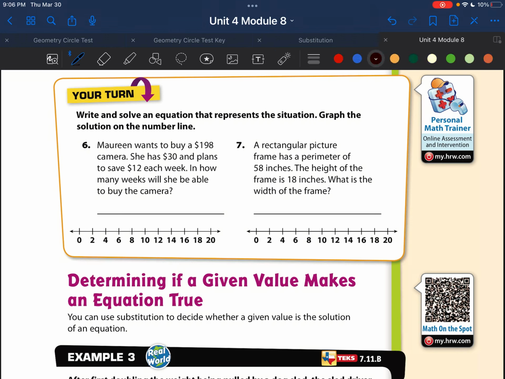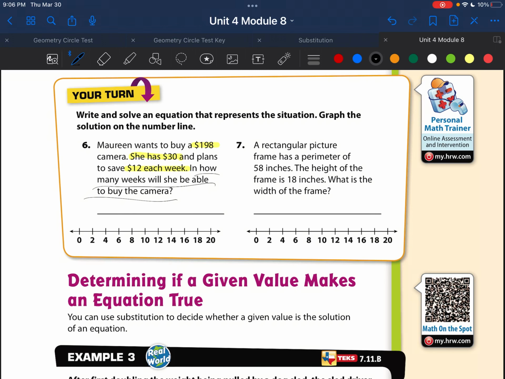Okay, so let's go ahead and circle our important things. We have a $198 camera. She already has $30, and she wants to save $12 each week. And we want to know in the end how many weeks she needs to be able to buy the camera.